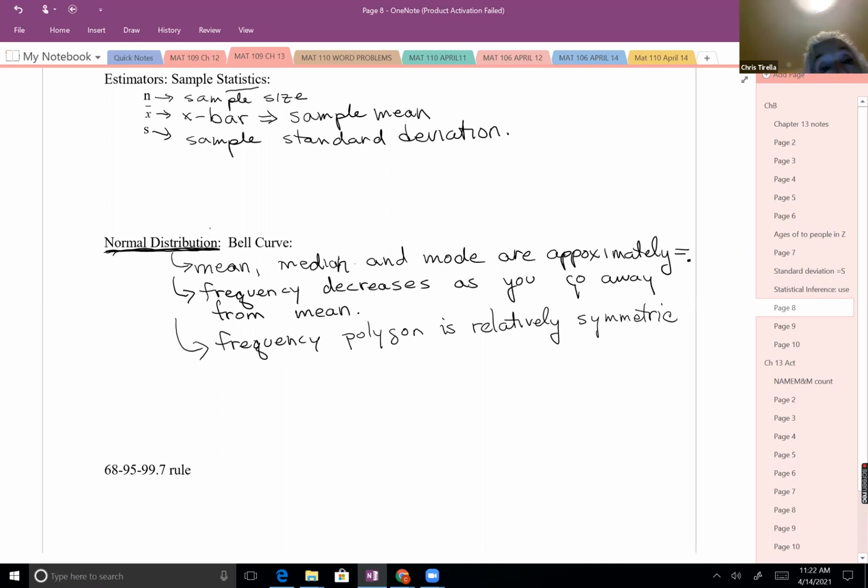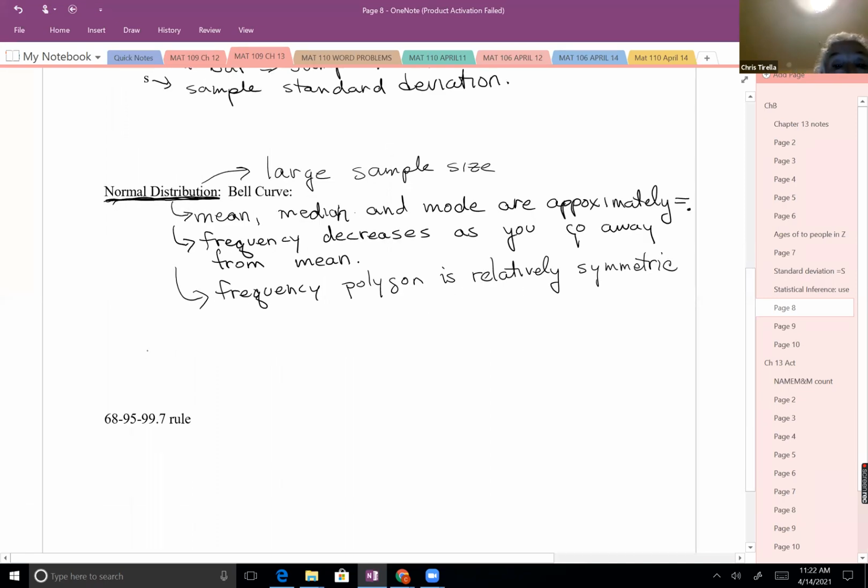And one thing that I forgot to add that's important is we only use this reasoning if I have a large sample size. And so that frequency distribution, that frequency polygon, looks like what's called a bell curve.